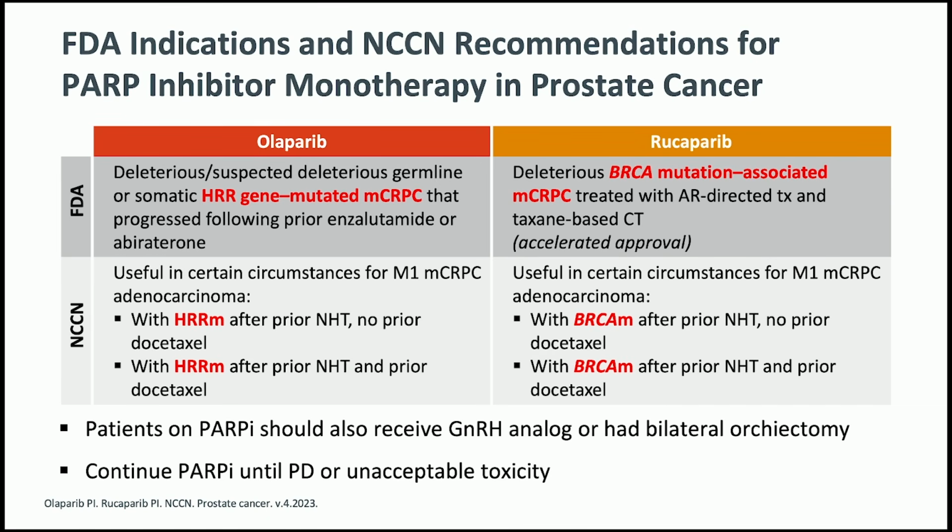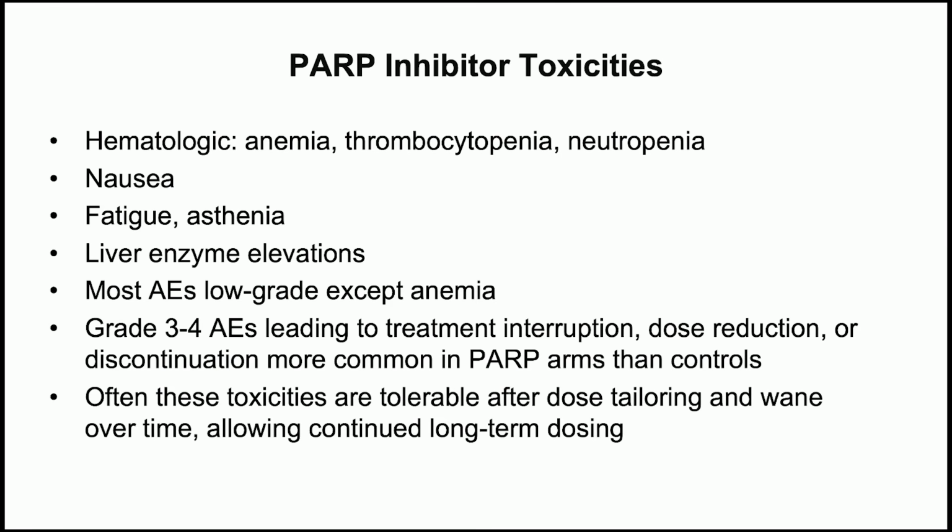Rucaparib is a little bit different, and these are deleterious BRCA mutations, so it's not all the HRD mutations. And the patients have to have failed both an androgen-directed therapy as well as a taxane-based chemotherapy. So it's a slightly more advanced group of patients. We all continue the androgen deprivation therapy in these patients, and we treat these patients until either unacceptable toxicity or progression. And below, the NCCN has similar guidelines for the PARP inhibitors.